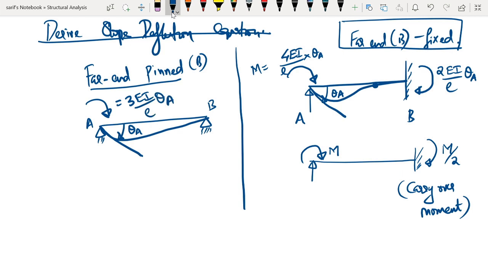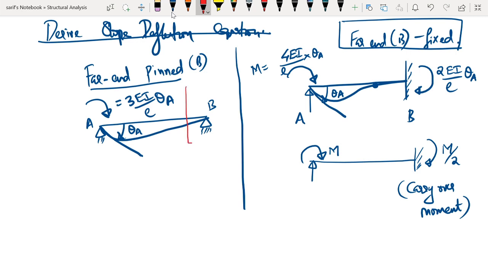Now these values you can develop by using the moment area theorem. You can apply the moment area theorem which you have studied in structural analysis 1 to develop these values. But for the time being, we will learn these results. We will take them for granted. So if you are having a case wherein the far end is pinned, the moment that you have to apply to get a theta rotation at the near end is 3 EI by L into theta A. You have to clearly distinguish between both these cases.